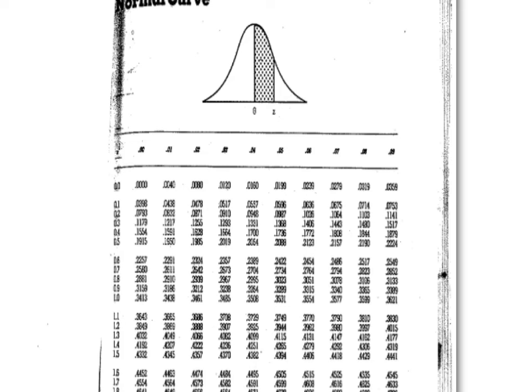And so if we're looking at 1.00, it's going to be here, 0.3413, or 34.13% of the respondents are between the mean and one standard deviation above the mean. And so that's how we would go ahead and use this table.